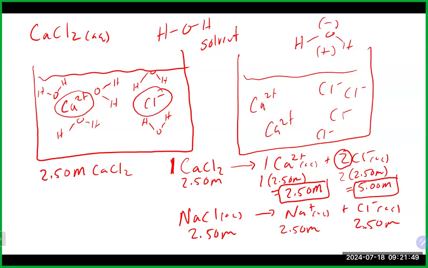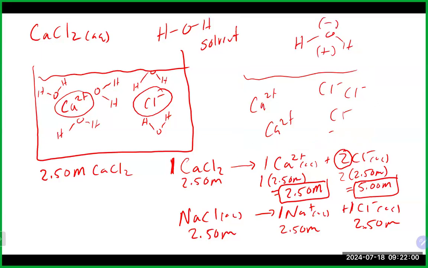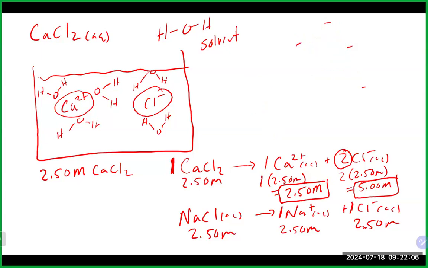As it's a 1-to-1 relationship, you basically just multiply by 1. So that is the quick way you could relate the concentration of the entire ionic compound to the concentration of the individual ions that are present.